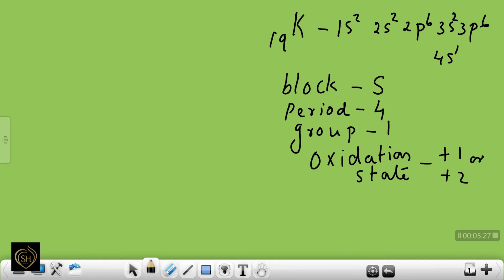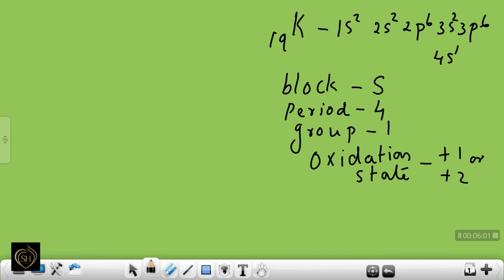They are highly electropositive in nature because they lose electrons, and their electronegativity is low because they have a tendency to lose electrons, not gain them. Electronegativity means the tendency to gain electrons. And they have low ionization energy because they contain only 1 or 2 electrons in the outermost shell, so less energy is required to remove the electron.